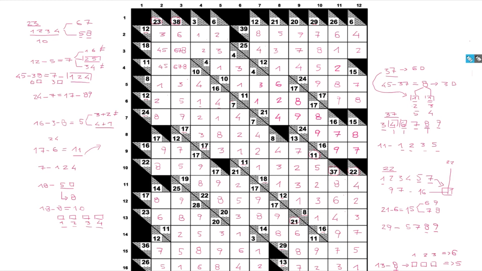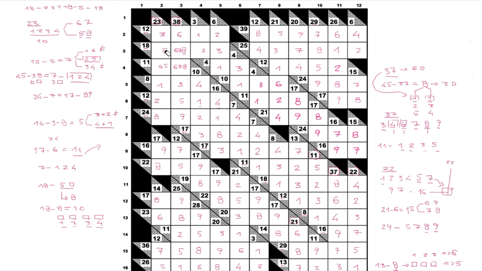Now we have number 18, and here will be number 2 and number 3, or 18 minus 2 minus 3 will be 18 minus 5, and this will be number 13. We have to produce number 13, and with these numbers there is only one chance to make number 13, and this will be the combination with number 8 and number 5.